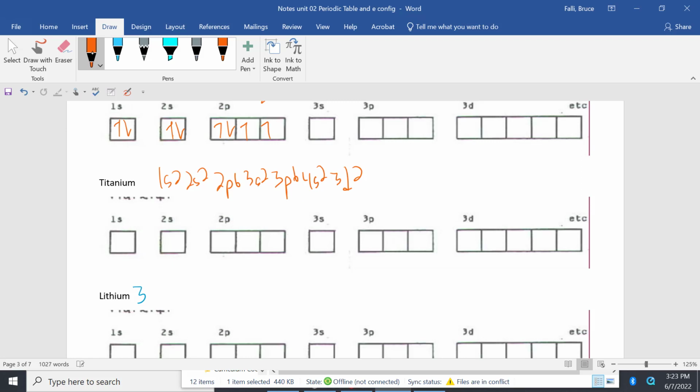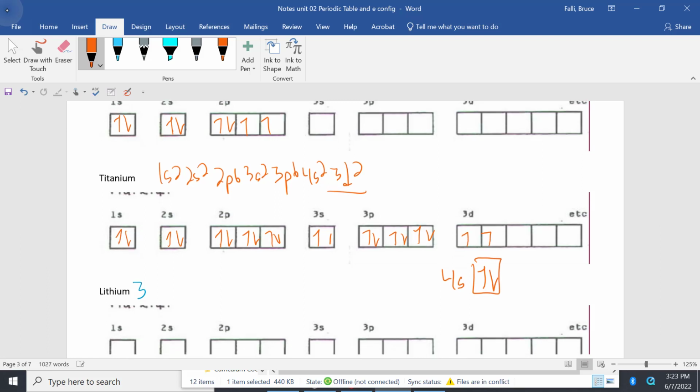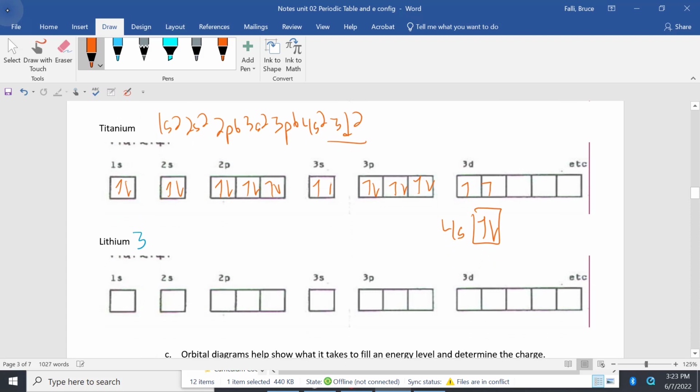So it's going to be fill them up until I get to 3d. 1, 2, 3, 4. Everybody gets 1, then you can get 2. 3s2. Everybody gets 1, then you can get 2. 3p. I'm missing 4s. There should be a box for 4s. And then 3d is 2, up, up. Also 2 single electrons.